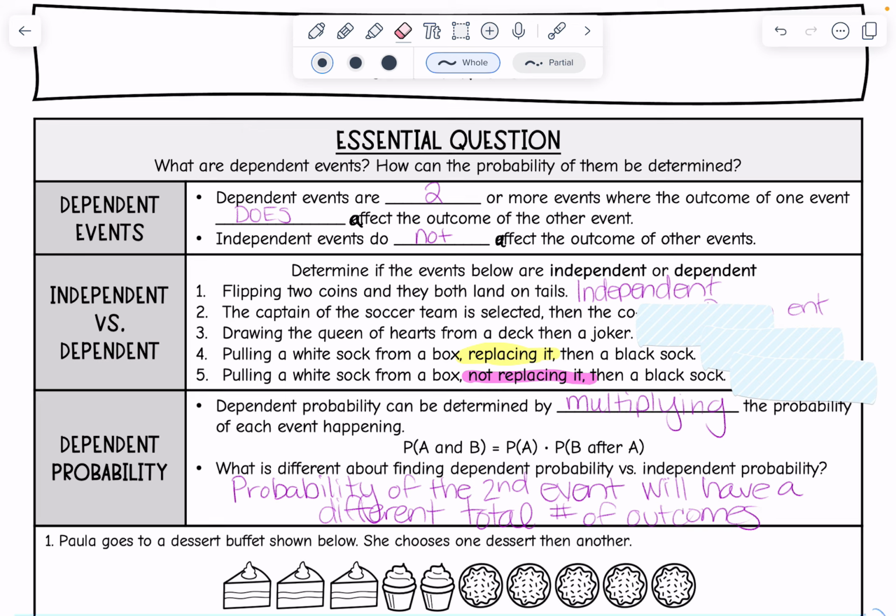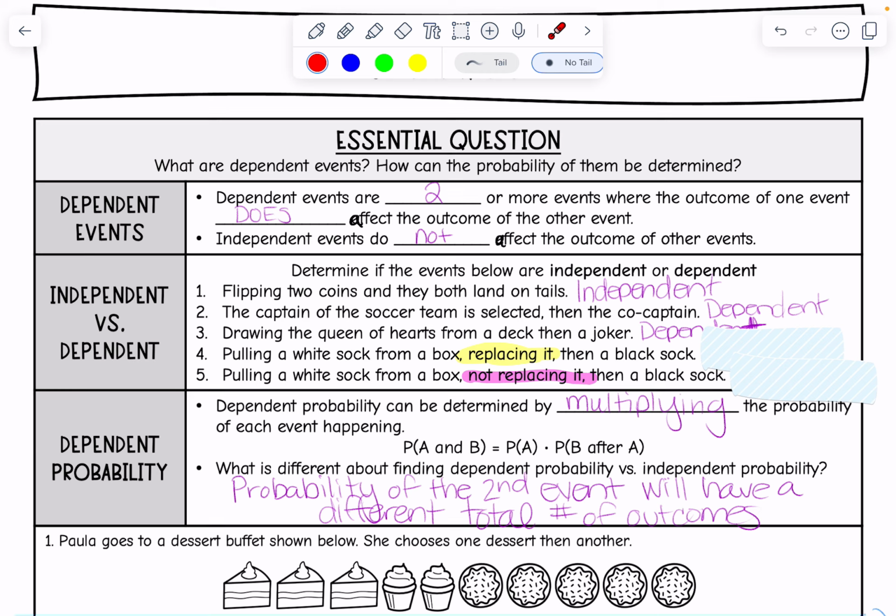Drawing the queen of hearts from a deck, then a joker. Since it's not specifying anything specific there, as far as if we are replacing it, we're going to assume that we did not replace it, so that's going to be dependent. Number 4, pulling a white sock from a box, replacing it, then a black sock. So this is a good example of if I pull something from a collection or a bag or a box, I pull it out, I put it back in, that essentially resets that whole situation.